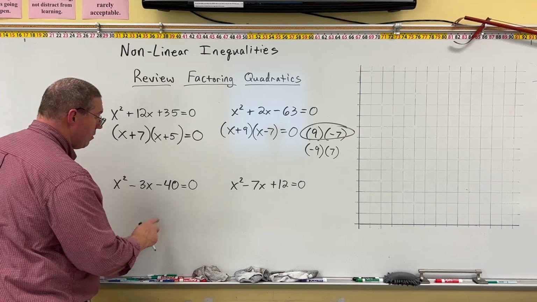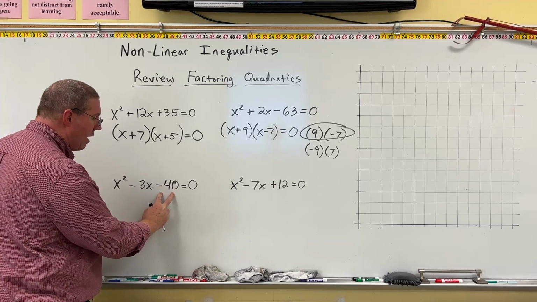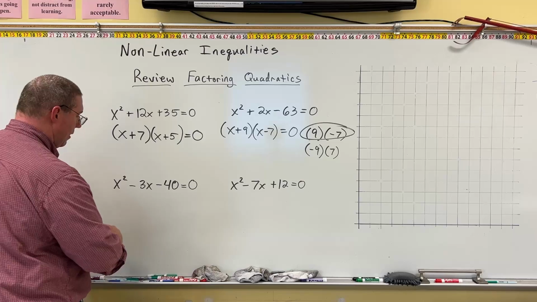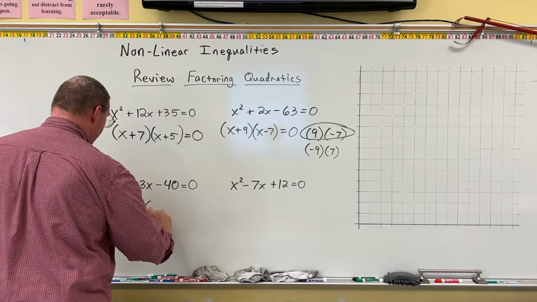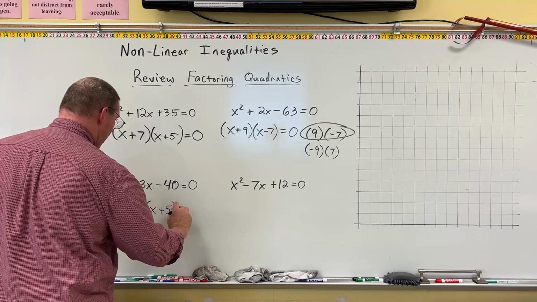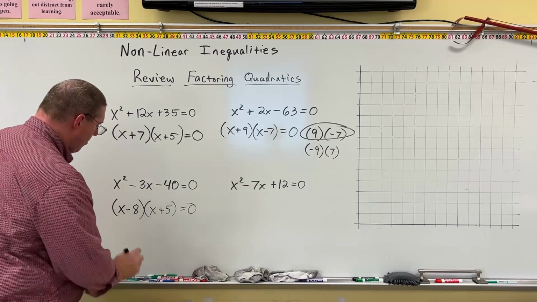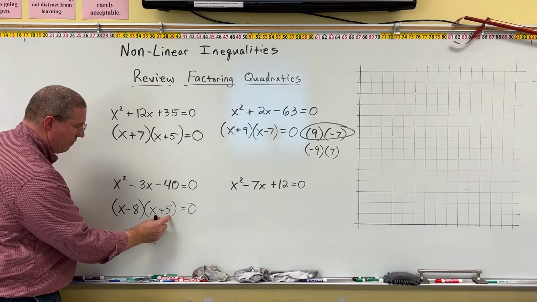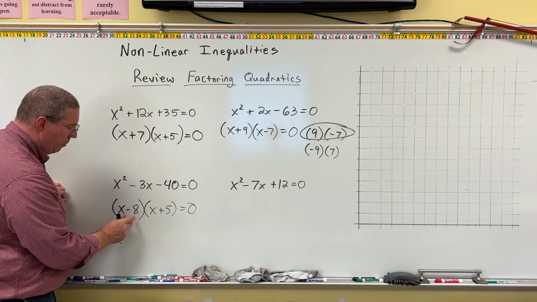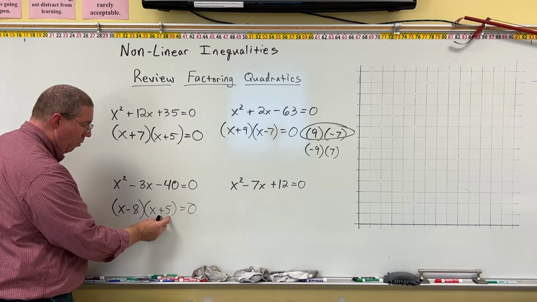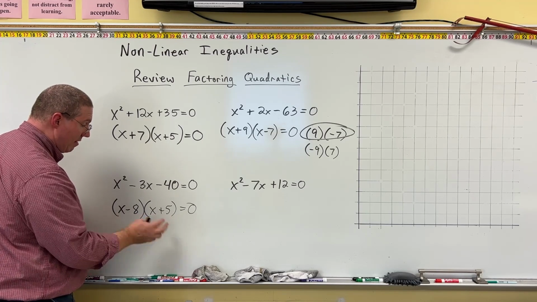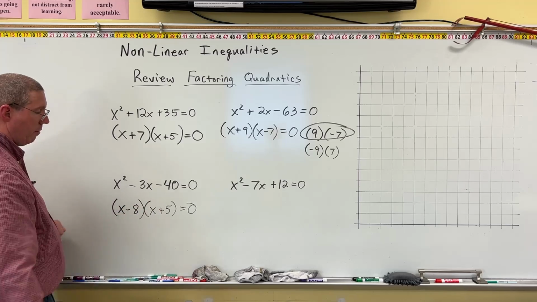Negative 8 and positive 5, when you add them together, give negative 3. So this one winds up being x minus 8 times x plus 5 equals 0. If we were to put negative 10 and positive 4, that adds to negative 6, not negative 3.